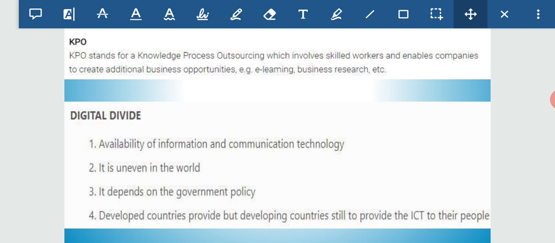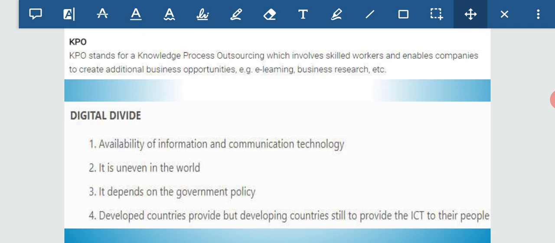Availability of information and communication technology, which is not even throughout the world. It depends upon government policies, and it is much more well developed in the developed countries compared to the developing countries. So how have we demarcated countries into developed and developing? With the help of information communication technology, that is information technology.